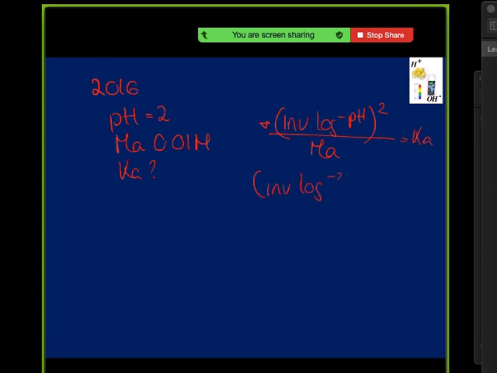So inverse log negative 2 to be squared over 0.01, which when I do that gives me 0.56 m. Happiness is? Thank you, Roisin, for the good affirmative.